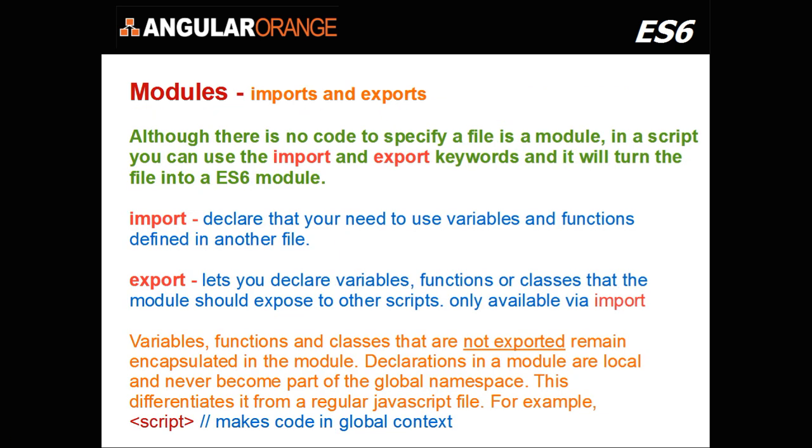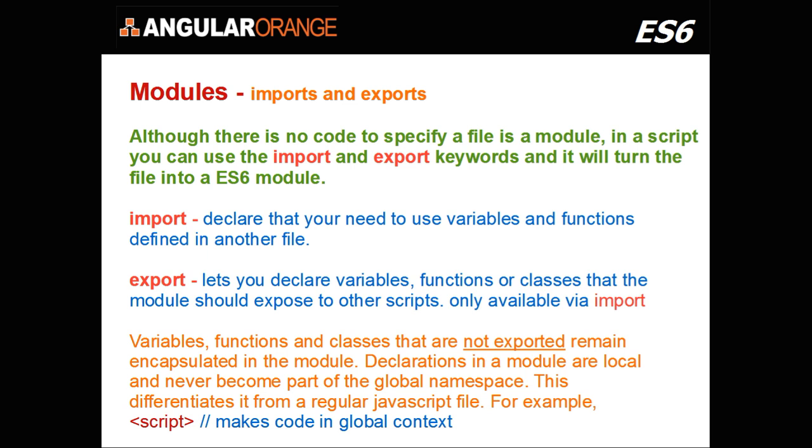Okay, so basically we said a module is a file with JavaScript in it. So really, there's nothing that labels it a module. The thing that makes it into a module is these keywords, import and export. So in a script you can use the import and export keywords, and it will turn the file into an ES6 module.